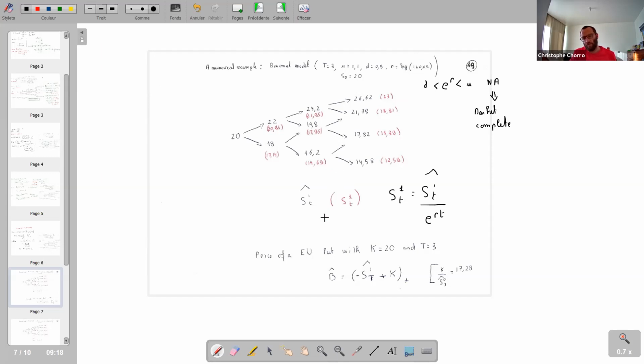So in this case, I want to price a European put with K equal to 20 and T equal to 3.